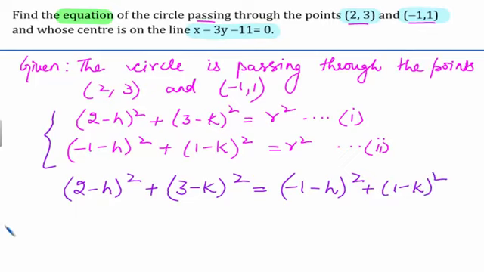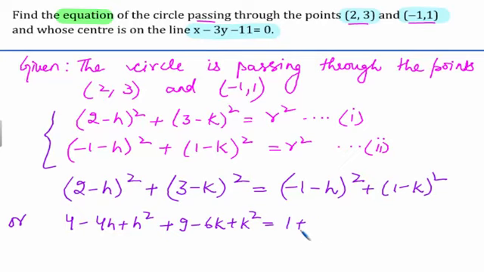Now opening the brackets and simplifying, this can further be written as 4 minus 4h plus h square plus 9 minus 6k plus k square is equal to 1 plus 2h plus h square plus 1 minus 2k plus k square.